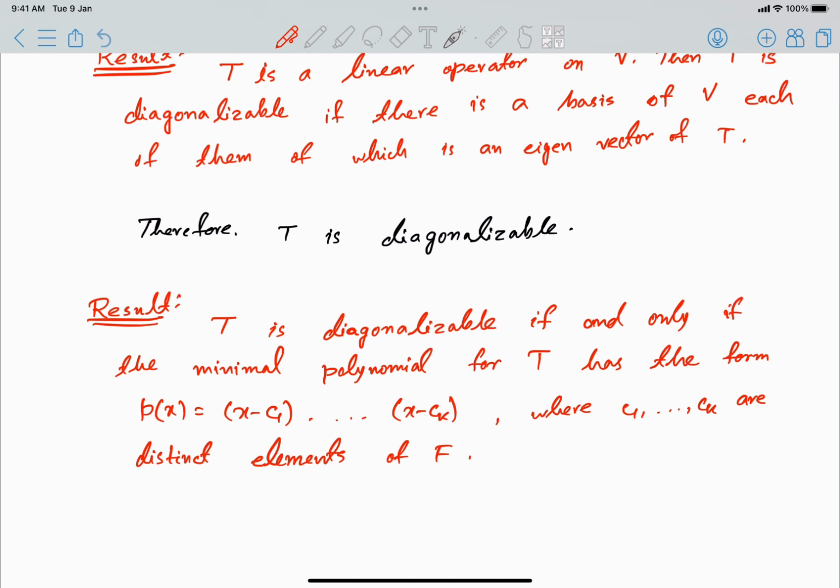So it's saying that T is diagonalizable if and only if the corresponding minimal polynomial factors into linear factors.